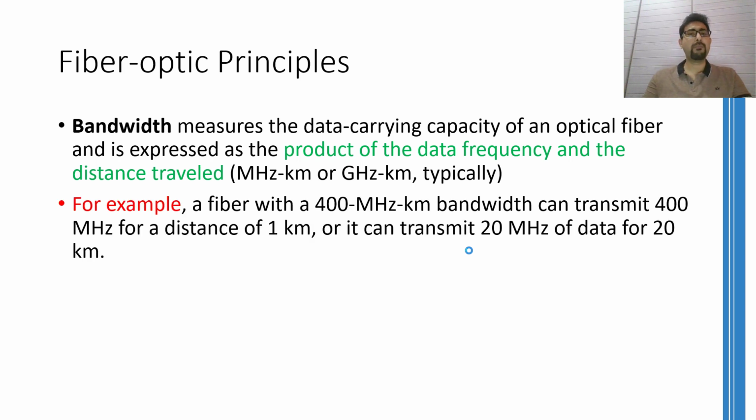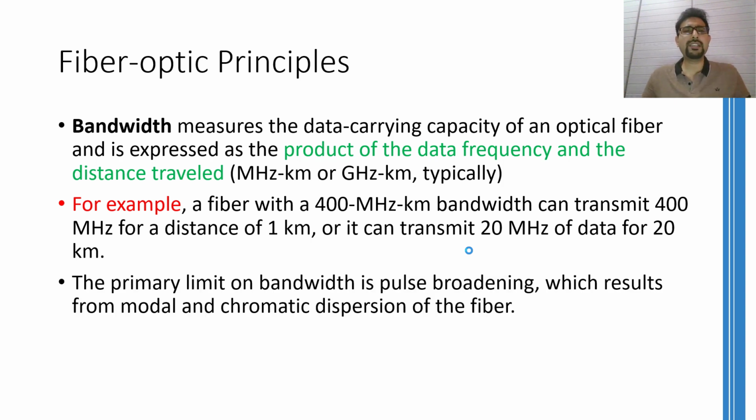For example, a fiber with 400 megahertz-kilometer bandwidth can transmit a 400 megahertz frequency signal at a distance of 1 kilometer. Or you can use it to transmit a 20 megahertz frequency signal for 20 kilometers. If you want to transmit the signal even at a longer distance, then you have to reduce the frequency, that is, the data carrying capability.